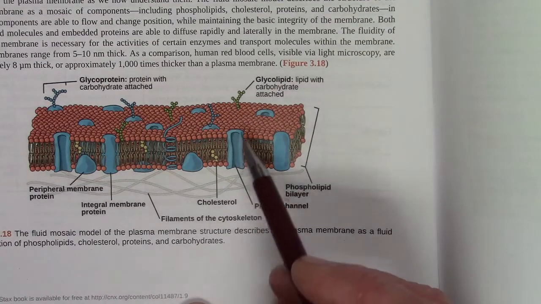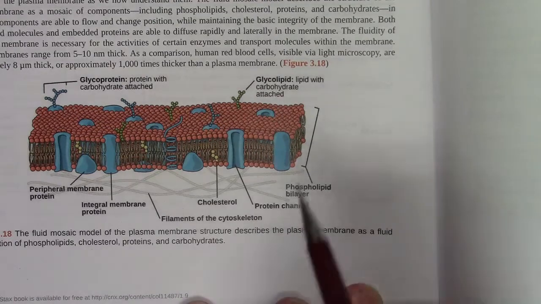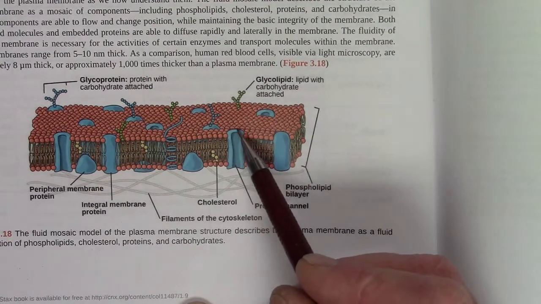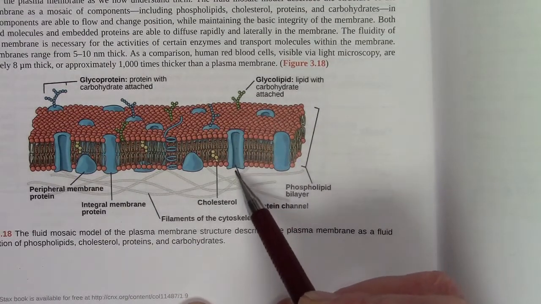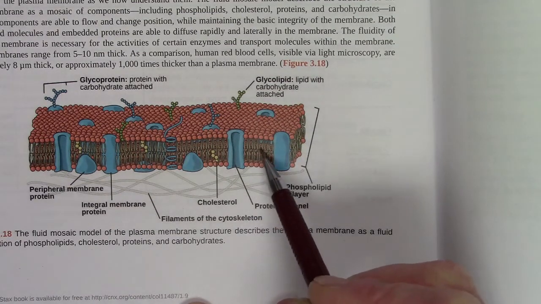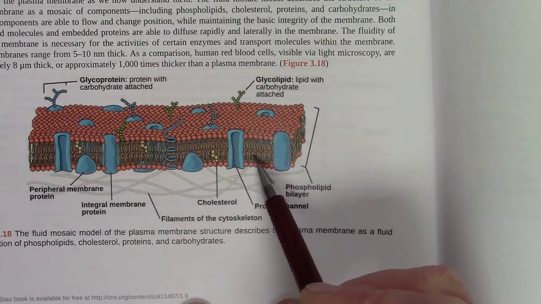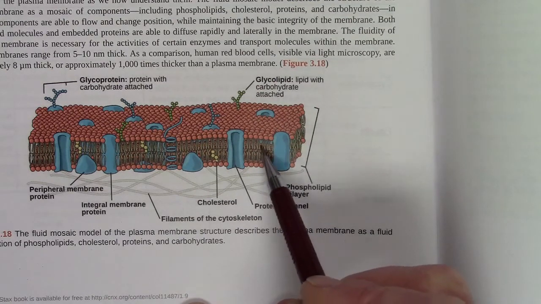So keep that in mind as we go through this discussion shortly on transferring things from one side of the membrane to the other, transport mechanisms. Because we're going to have to put in little channels to let things flow through. Because remember, water cannot flow through here on its own. It's excluded by those hydrophobic tails of the lipid membrane.